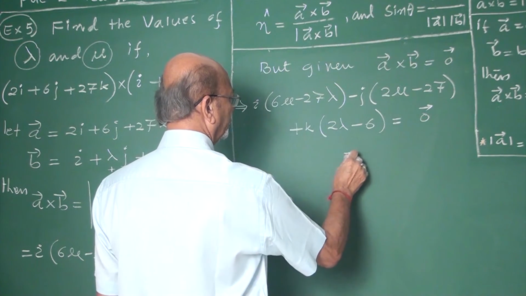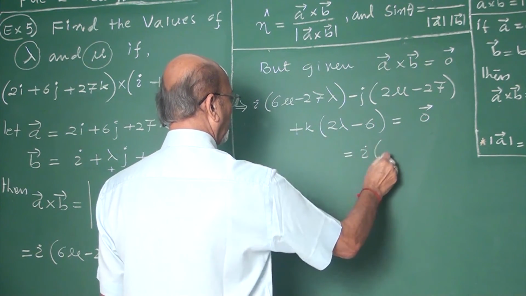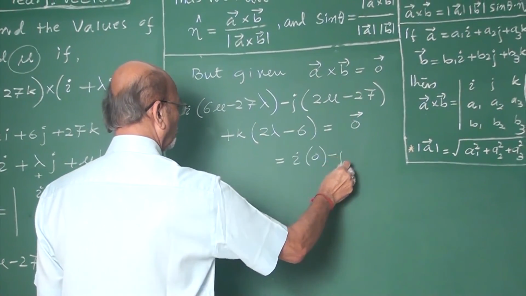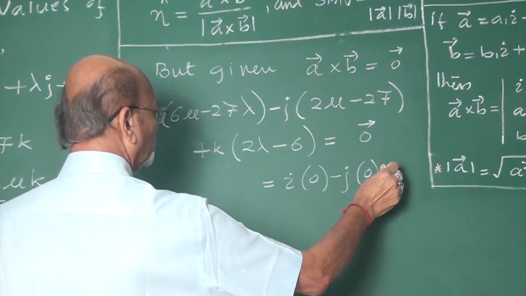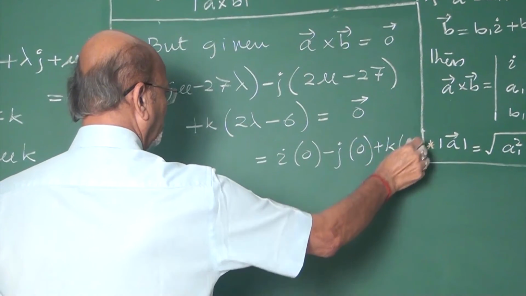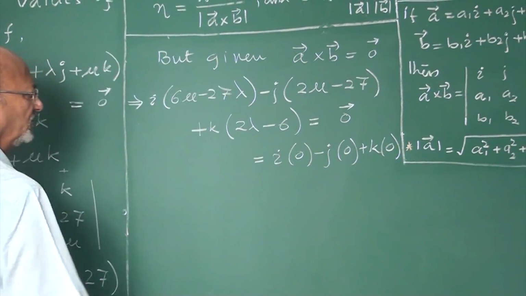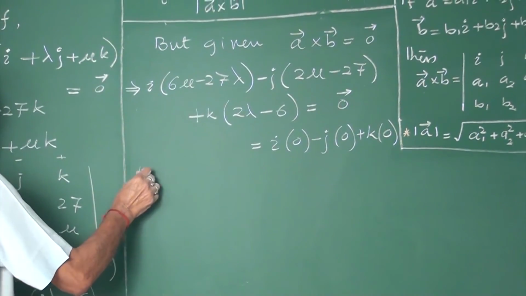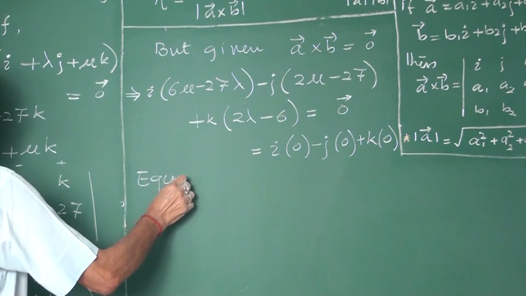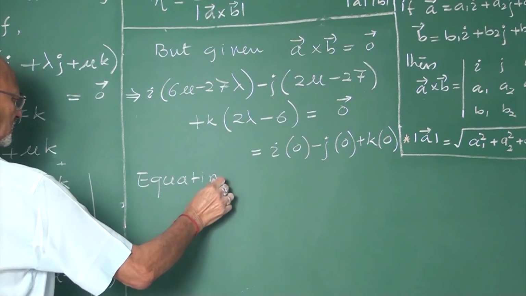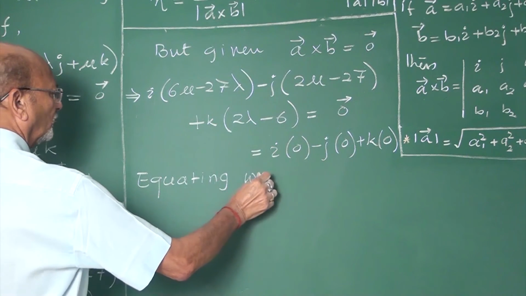That zero vector can be written as i into 0 minus j into 0 plus k into 0. Equating, we get.